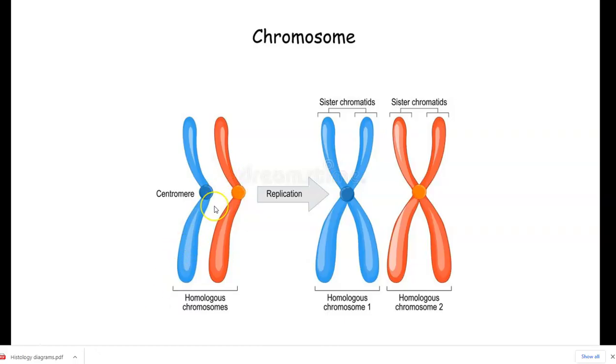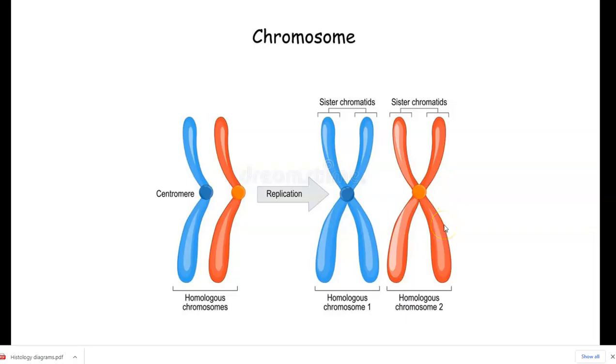Well, in the synthesis phase of interphase, that's where we have DNA synthesis. So each of those chromosomes are going to duplicate. So what we end up with are what we call sister chromatids. Here's the chromosome from dad, now duplicated into sister chromatids. Here's the chromosome from mom, now duplicated into sister chromatids.